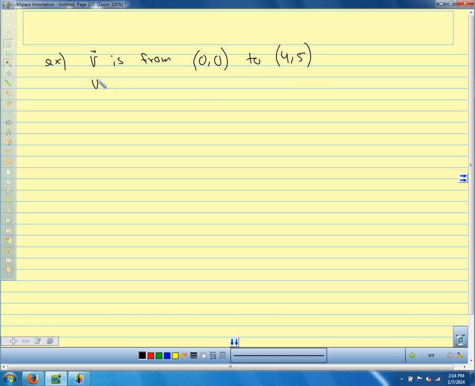And the vector U is from 2, 3 to 6, 8. And we want to know, is U equal to V?